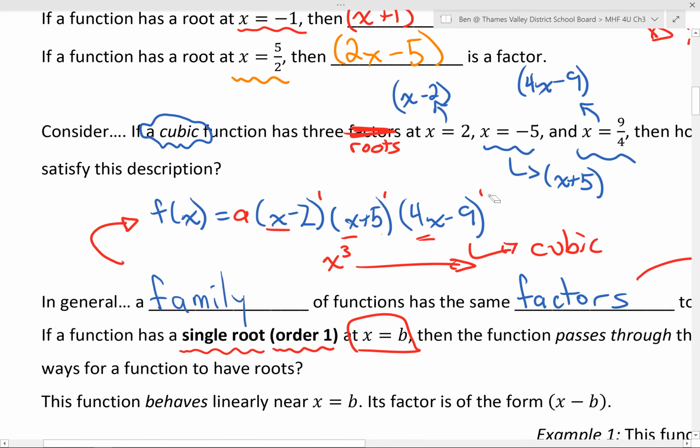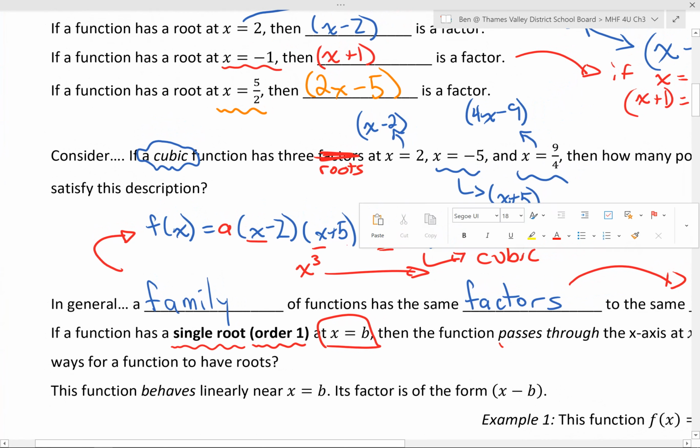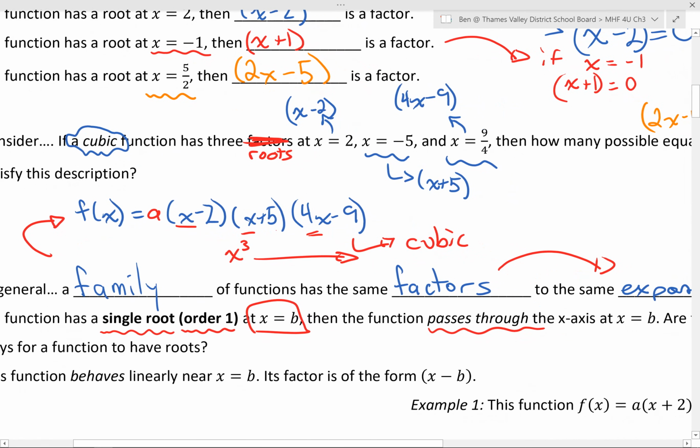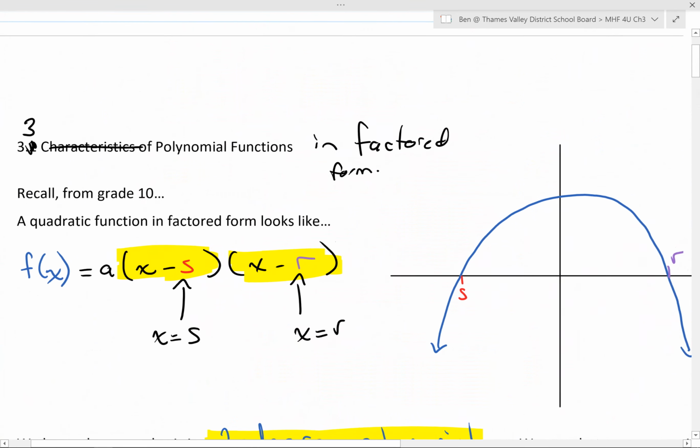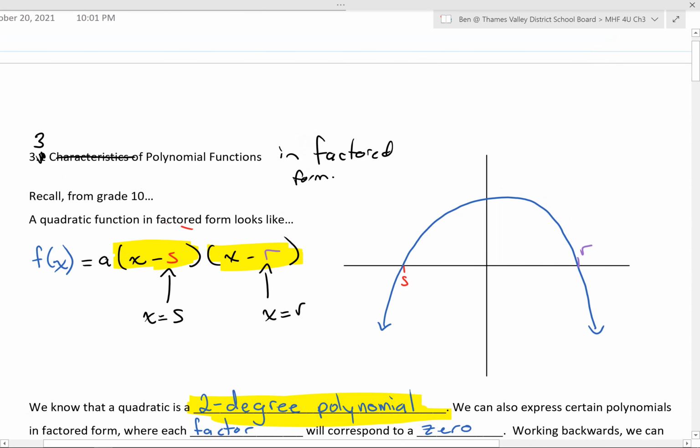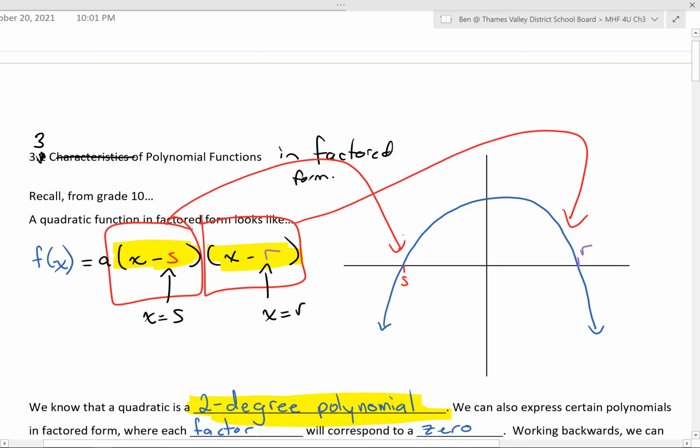It has a factor with an exponent 1. Then we would say the function passes through the x-axis at x equals b. And that makes sense. This is just a fancy way of saying, like up here, our quadratic function passed through the x-axis at each of these points, right? At each of these roots.